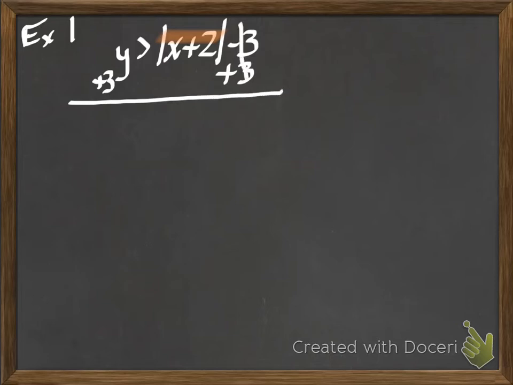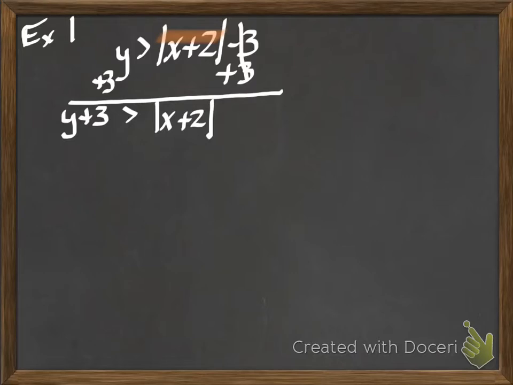That will cancel out these 3's and give me y plus 3 is greater than the absolute value of x plus 2.